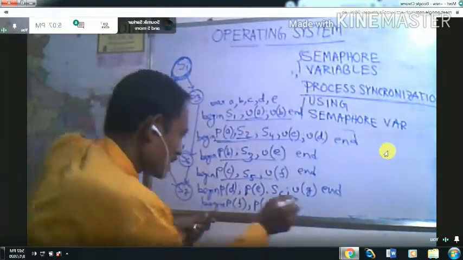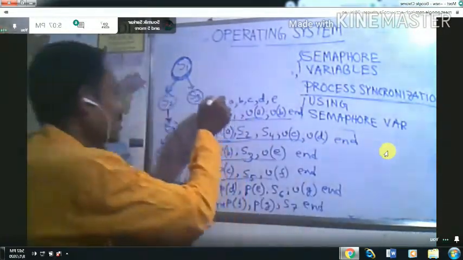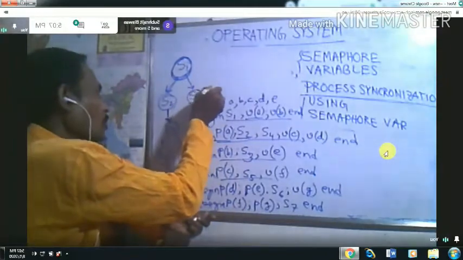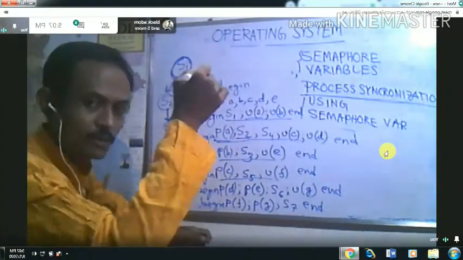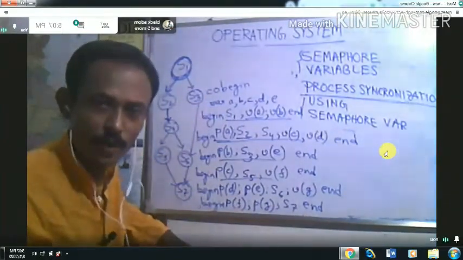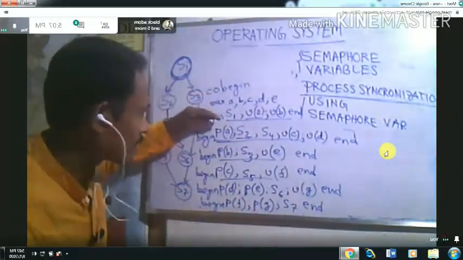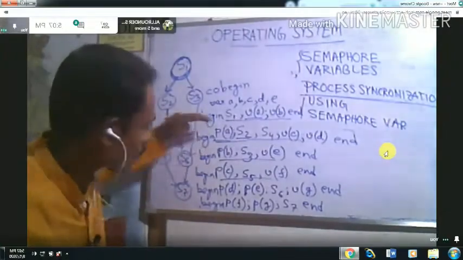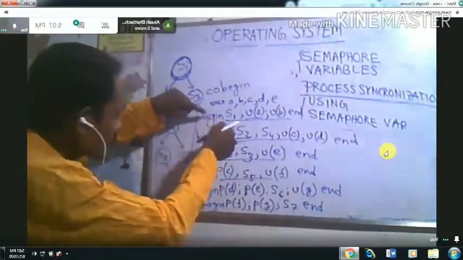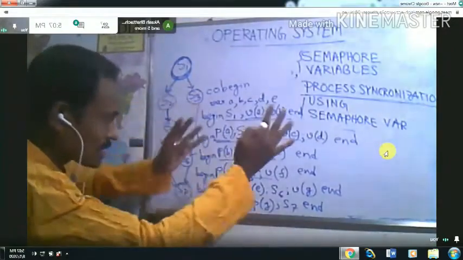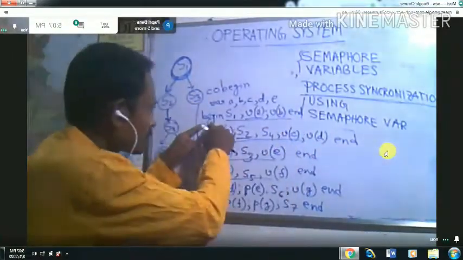Okay, and after that it will be cobegin. So cobegin is a construct, and cobegin is the parent process. Within that parent process, the child processes will be executed. All these child processes can execute serially, but every child process is executed concurrently. That means every child process can run concurrently.